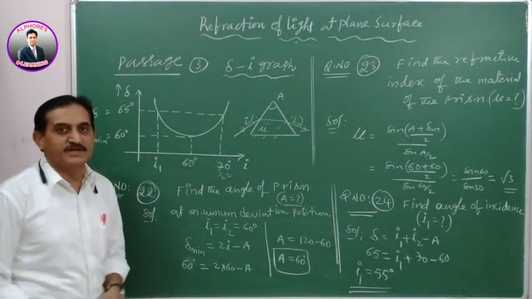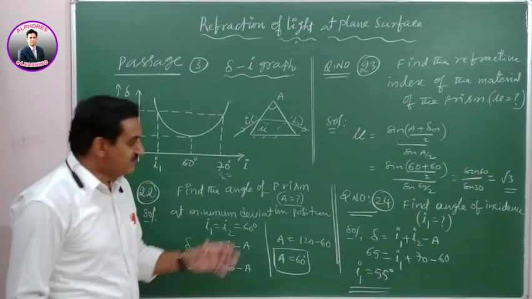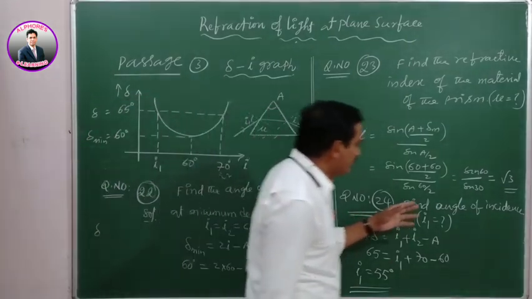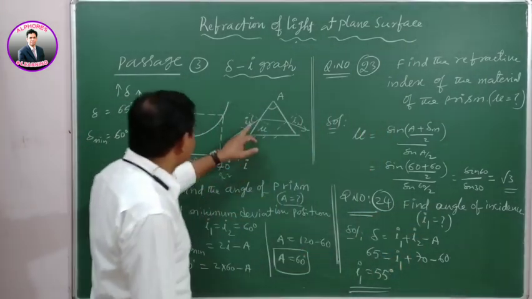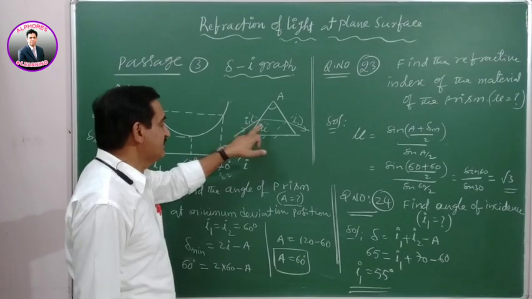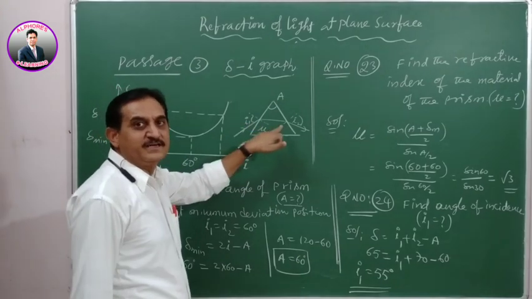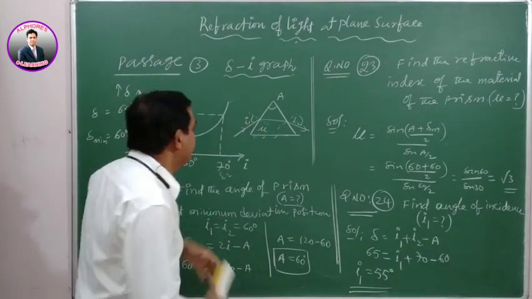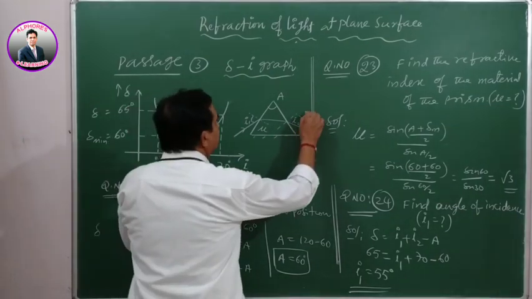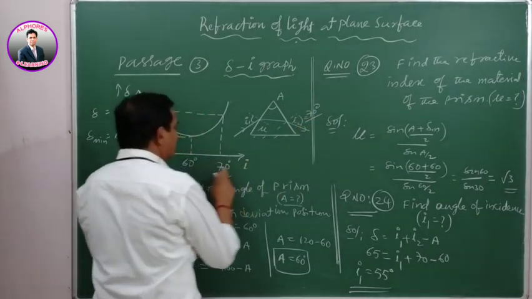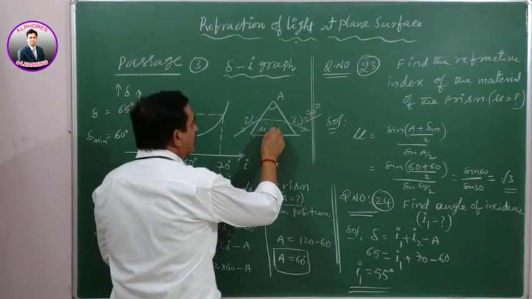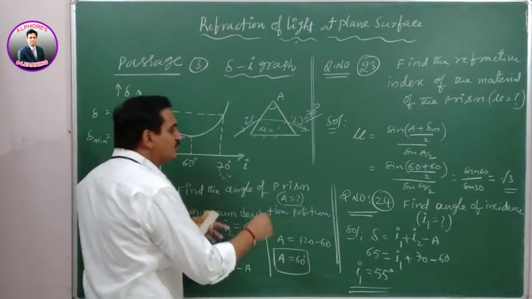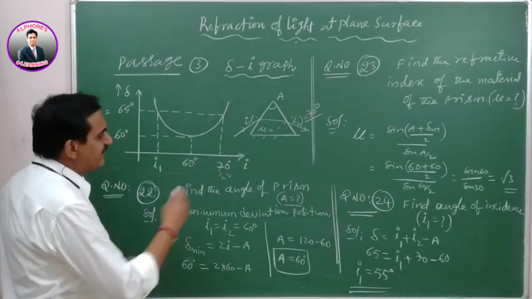Now question number 3. Find the angle of incidence at the first refracting surface, I1. See here in this diagram, we have to find I1. I2 is already given as 70 degrees in the diagram. Mu is already calculated, so there is no need for it in finding that.